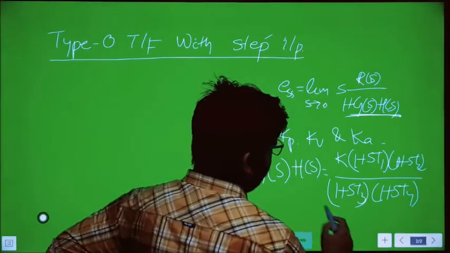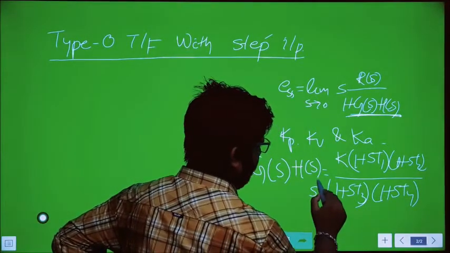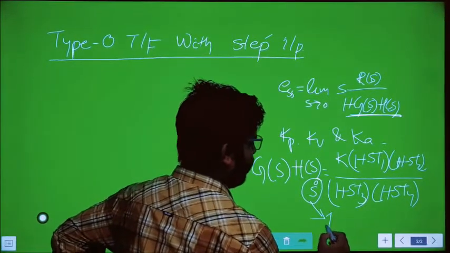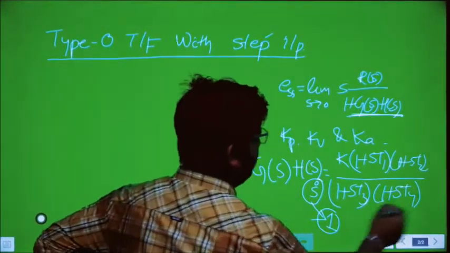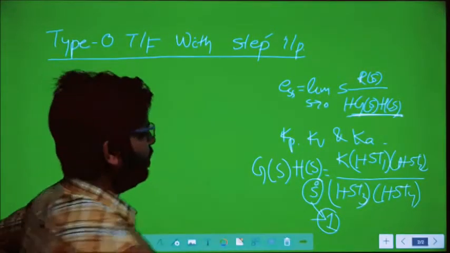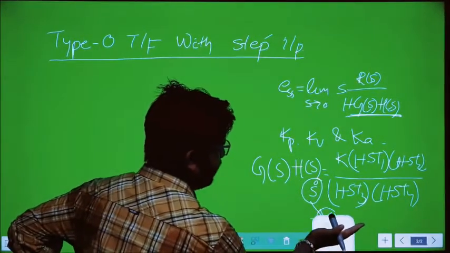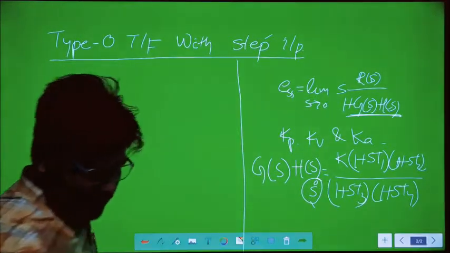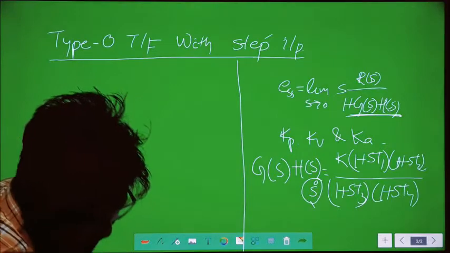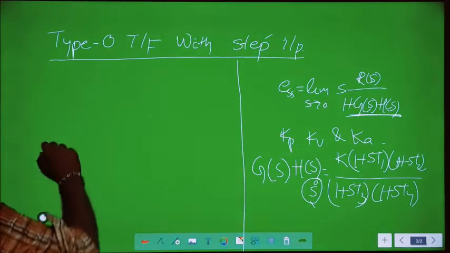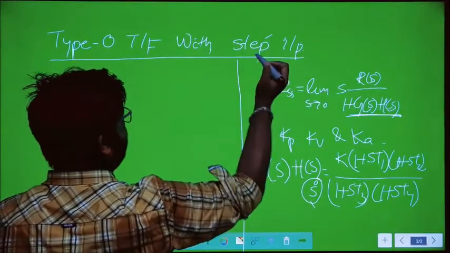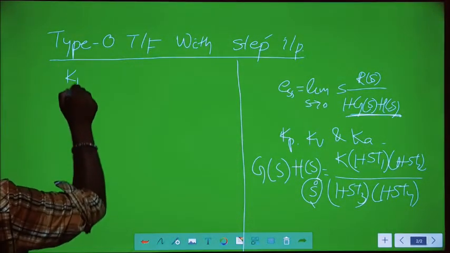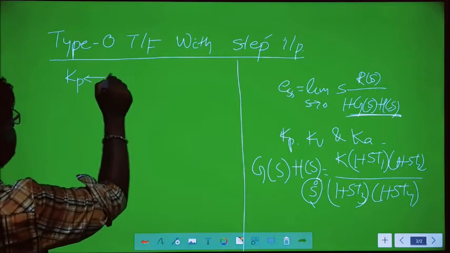It is clear from the denominator that the s to the power 0 term is also available, and s to the power 0 is equal to 1, so multiplying by 1 gives the same term. Instead of writing s to the power 0, you can erase it. Once you have reached this point, you can easily find out Kp. And you know from the last video that Kp comes from step input.